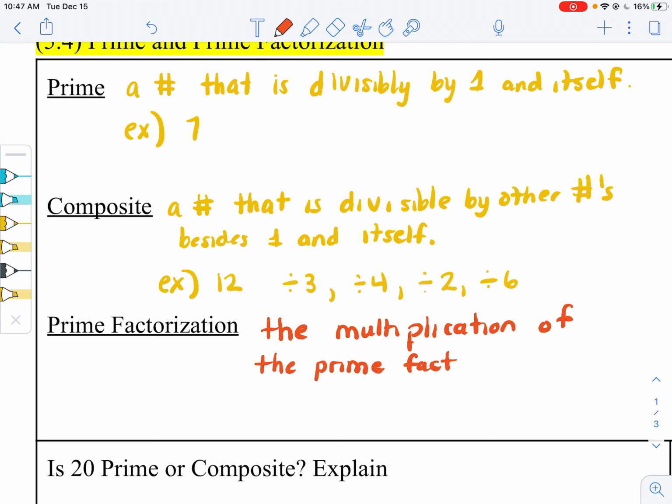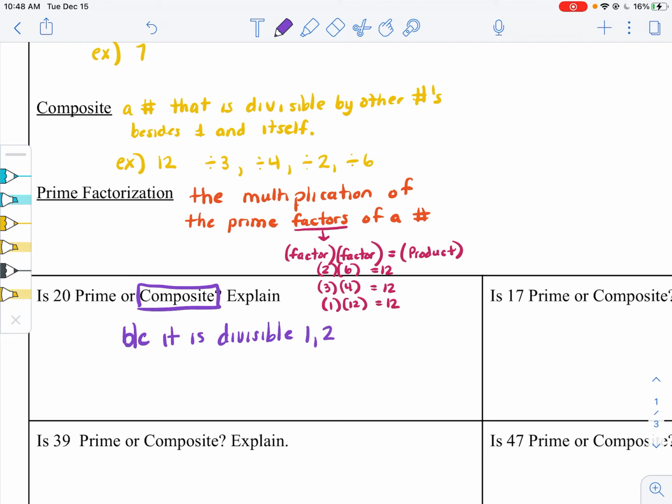All right, 20. Is 20 prime or composite? So 20 is composite because it is divisible. Well, it's an even number. It's divisible by 2. So we can say it's divisible by 2, but I'm going to say them all. It is divisible by 1, 2, 4, 5, 10, and 20.